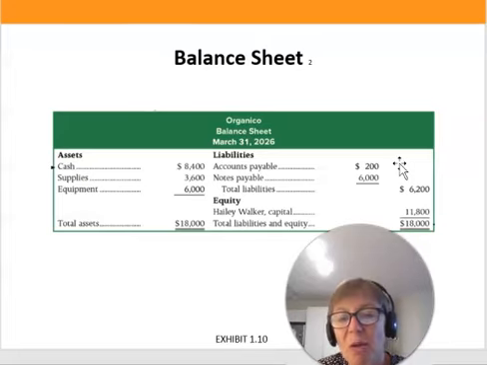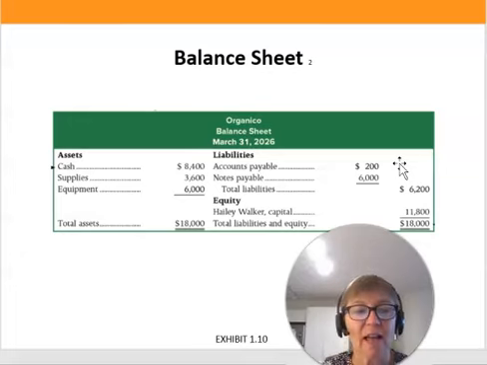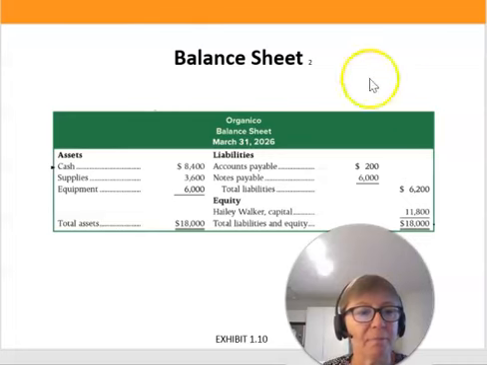And then maybe the notes payable is a loan from the bank. Okay, so those are two outside sources that are helping us finance our assets. So the liabilities, the amount we owe is the 6,200, and then the capital or the equity, maybe that's money that we invested in the company. Okay, so that's how we're financing our assets from outside sources and from internal, such as us investing our own money.